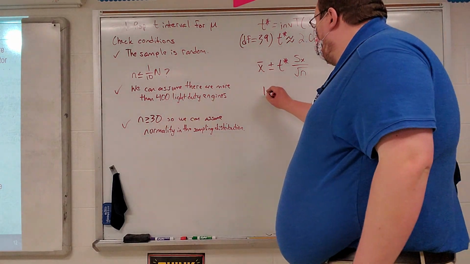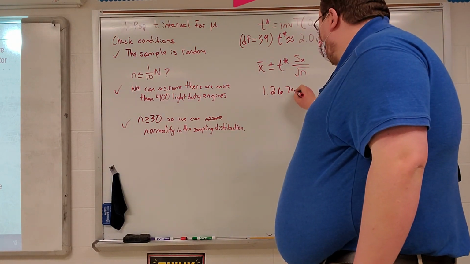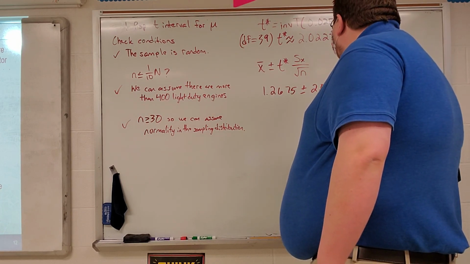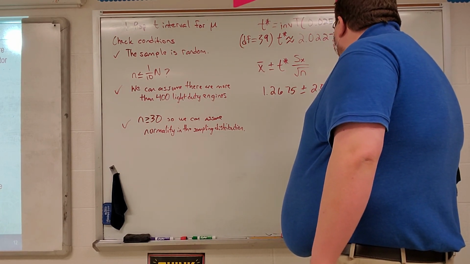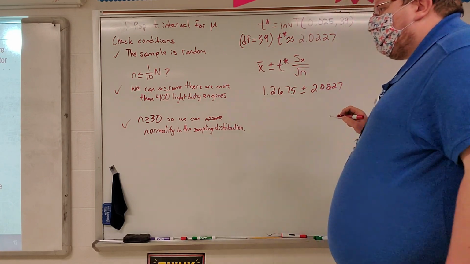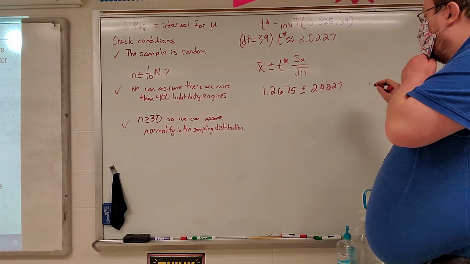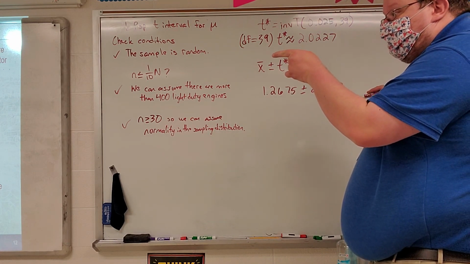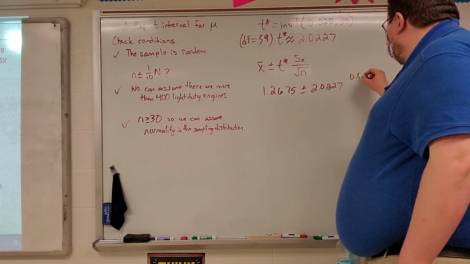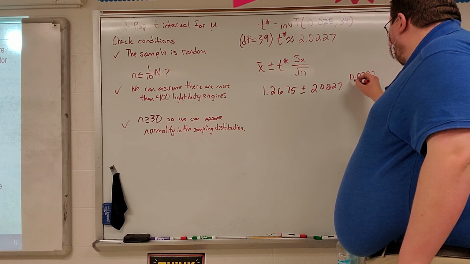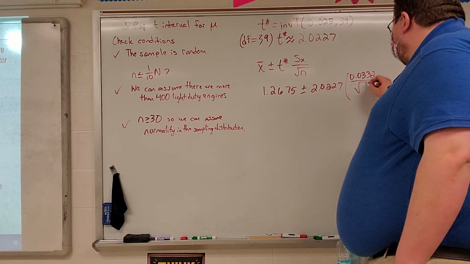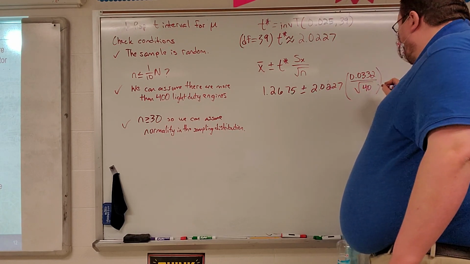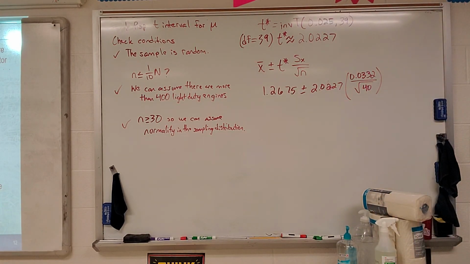So that's 1.2675, plus or minus our t value, 2.0227, times our s_x, the sample standard deviation, which is 0.0332, divided by the square root of our sample size, which is 40. And that's how we're going to calculate that.